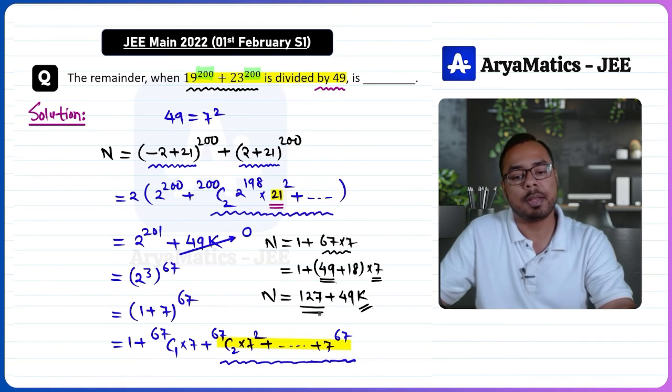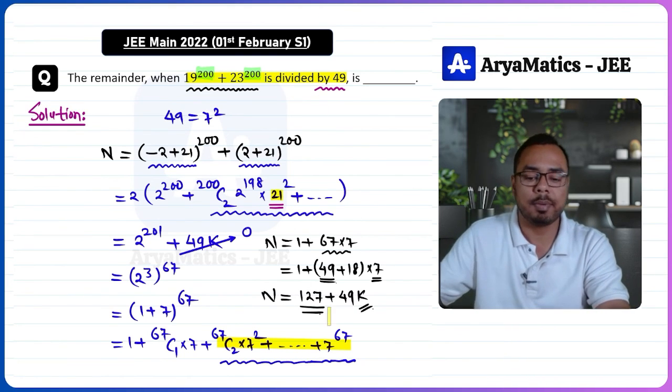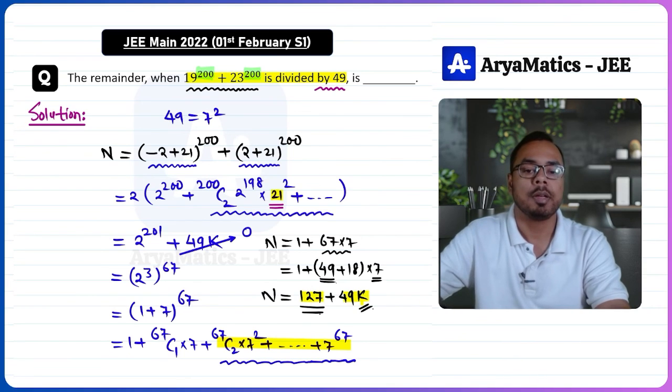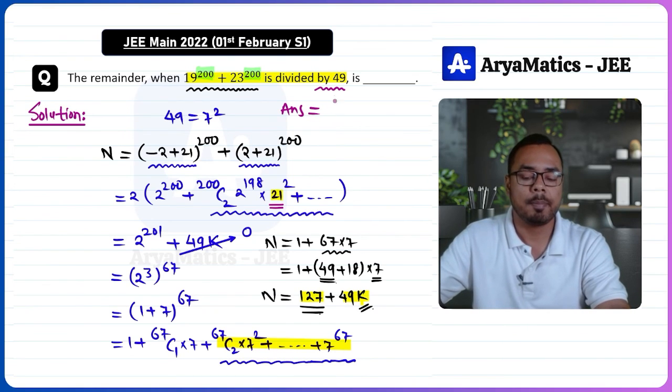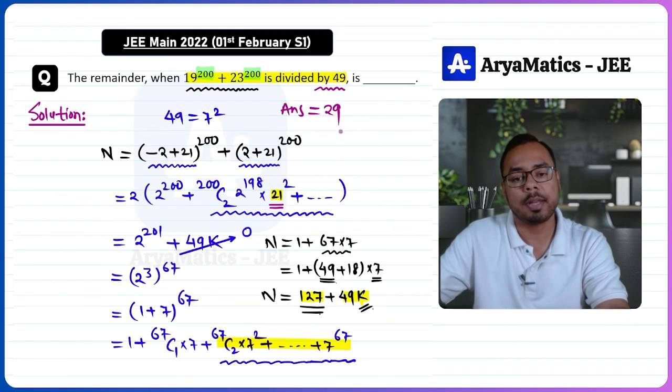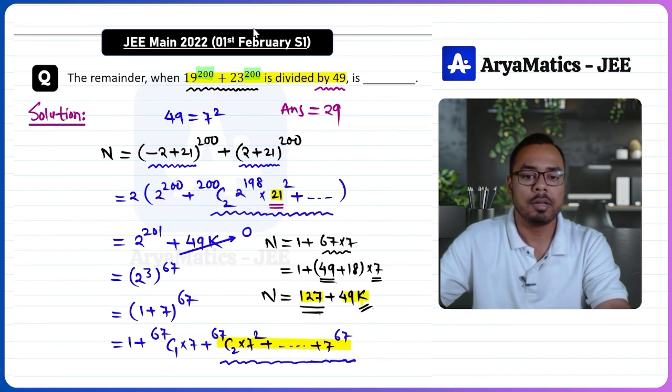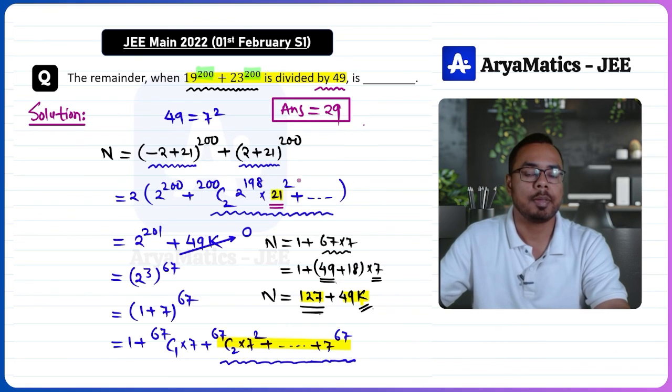And now just find the remainder when we divide 127 by 49. Clearly you can see that 49 times 2 is 98, and another 29 remains. So if you divide 127 by 49, the remainder will be 29. So that is the correct answer for this problem, right?